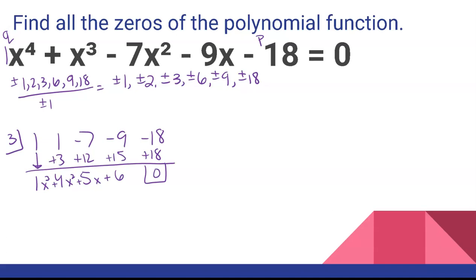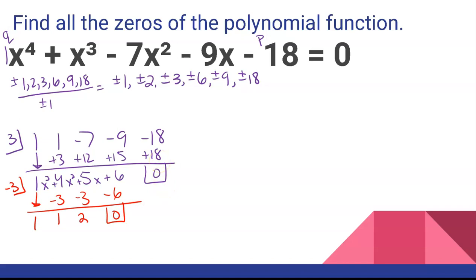We had another test number, didn't we? We had negative 3. So let's use it using the answer we just got. Negative 3, that gives me 1. Negative 3, that gives me 2. Look at that. So I just proved that 3 and negative 3 both work.